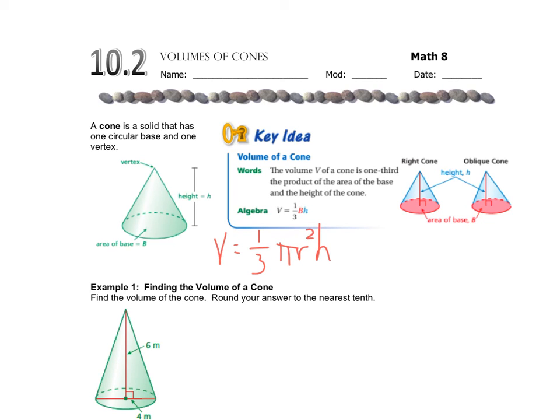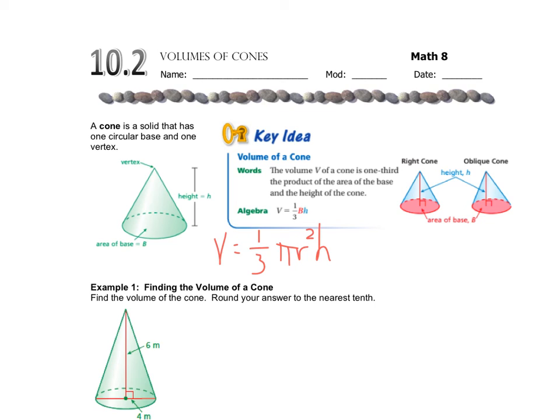So this is the formula that we more often use when we're working on these. 1/3 big B h is the same thing, but the one that I just drew shows you more specifically what we need. We need the radius, we need the height, and then we need to figure out if we're using pi as 3.14 or the pi button on the calculator.